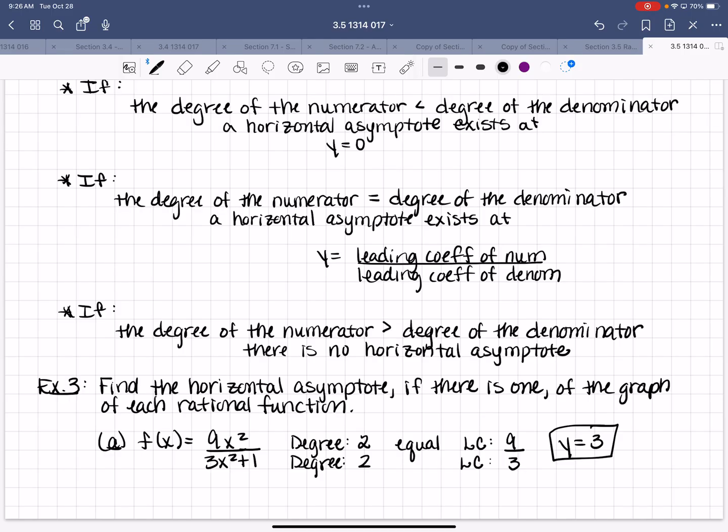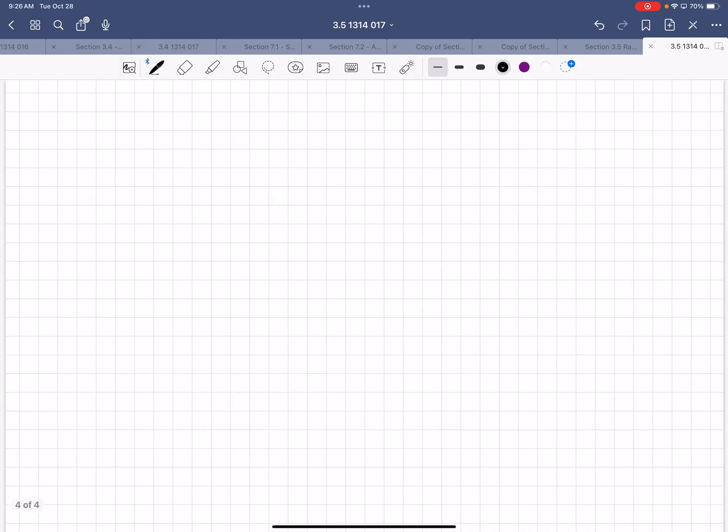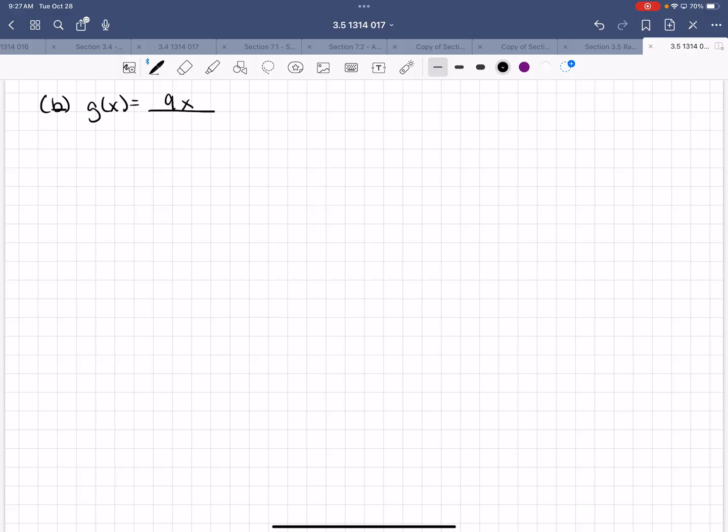Okay, that's A. Let's do B. B says g of x equals 9x over 3x squared plus 1. What's the degree of the numerator? 1. What's the degree of the denominator? 2. Good. So the denominator is bigger. If the denominator is bigger, what's my horizontal asymptote?